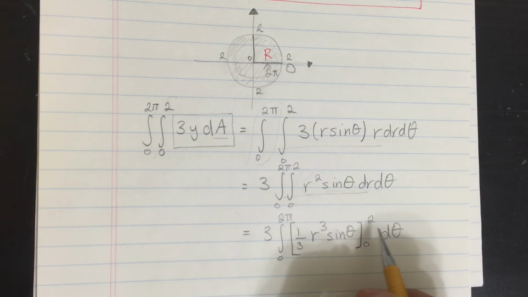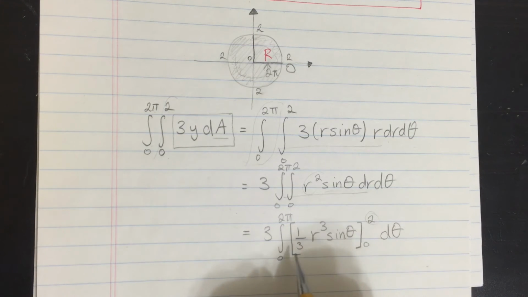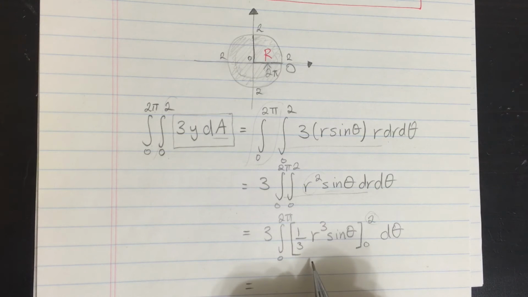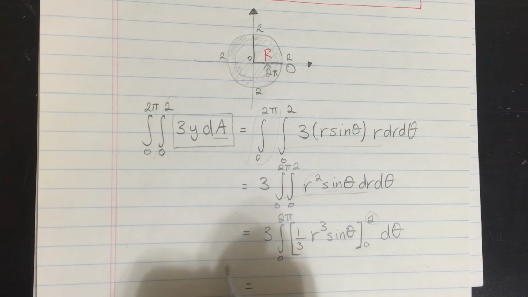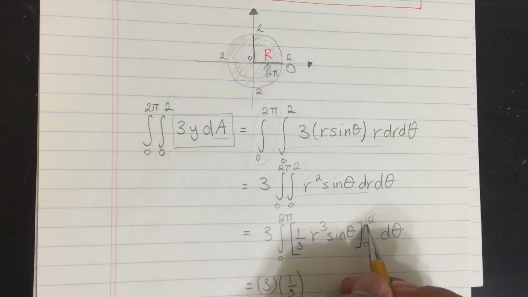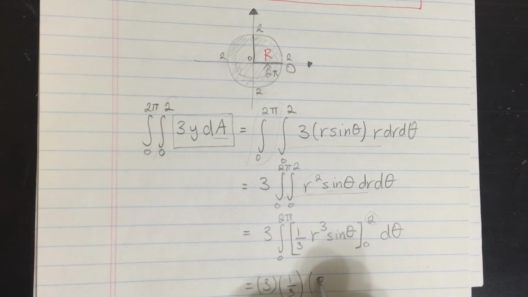So what do we have here? We need to sub in 2 into r. So if you sub in 2 here, it's going to give you 8. Then we can move the constants to the outside. So we have 3, then we have 1 over 3, then we have the 8 when substituting 2 here. Then we can do the other integration, which is basically sine theta d theta.